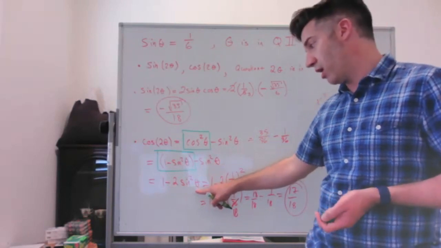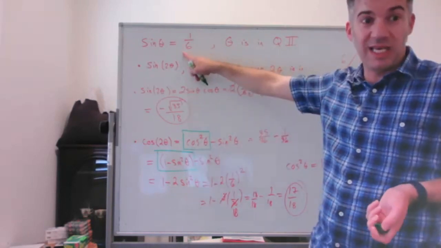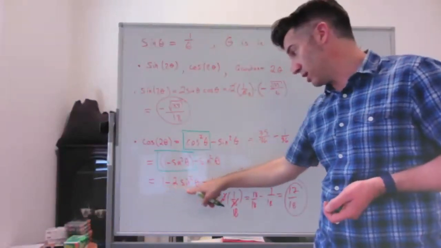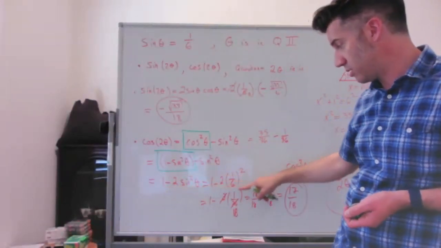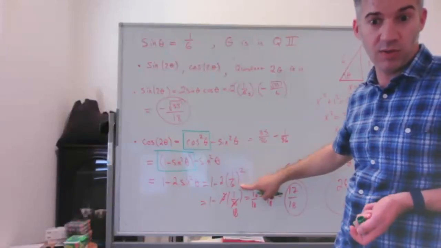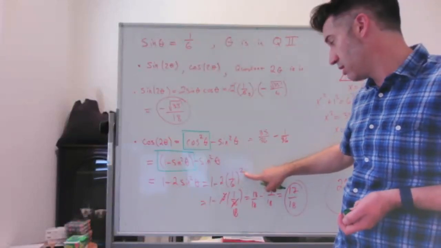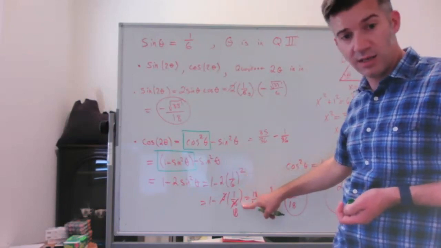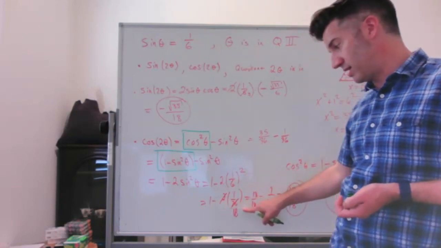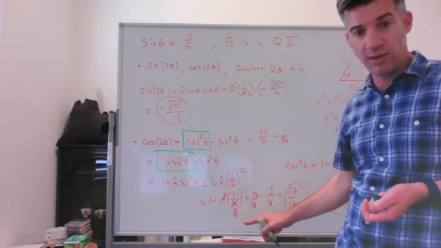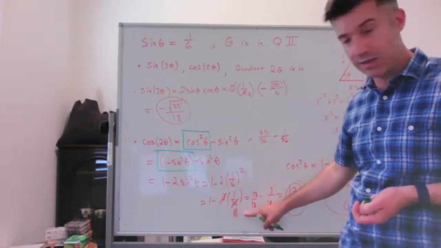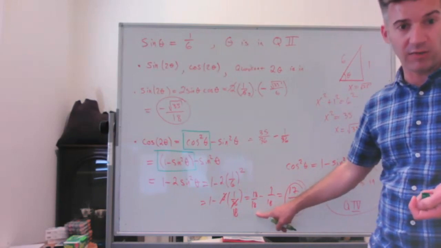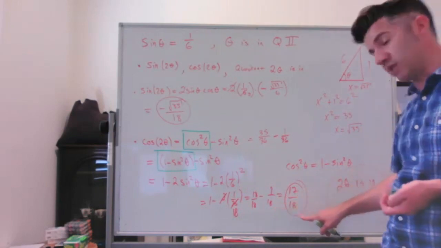And then I said, I know that sine of theta was given to me as 1/6. So 1 minus 2 times sine squared became 1 minus 2 times 1/6 quantity squared. And then I simplified. 1/6 squared is 1/36. 2 times 1/36, I can cancel a 2 on top and 2 on the bottom and get 1/18. So I have 1 minus 1/18, which becomes 18/18 minus 1/18, which is 17/18.